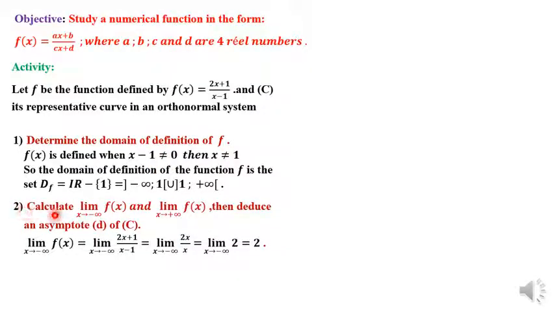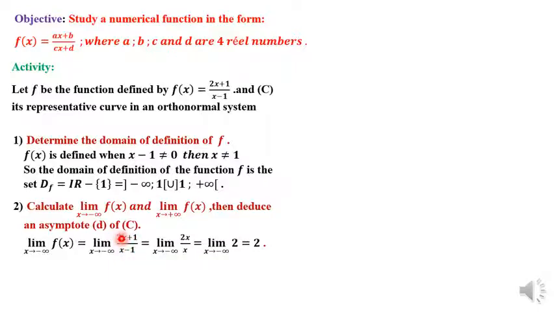Second exercise: calculate the limit of f(x) as x tends to minus infinity and the limit of f(x) as x tends to plus infinity. Then deduce an asymptote d of C. The limit of f(x) as x tends to minus infinity equals the limit of (2x + 1)/(x - 1).